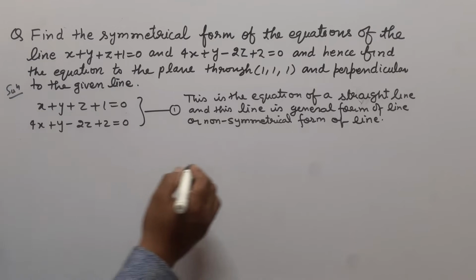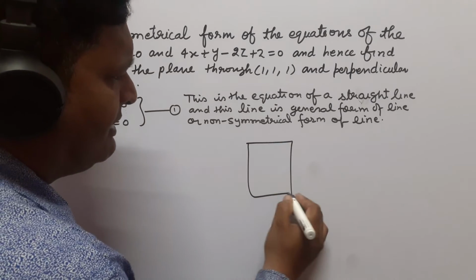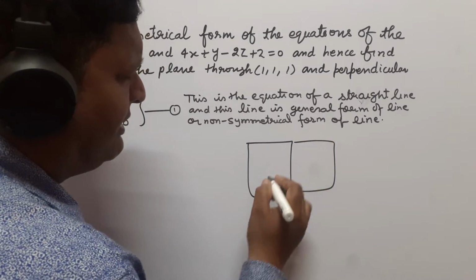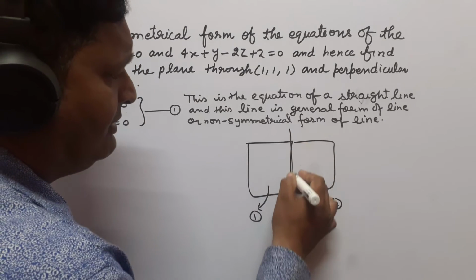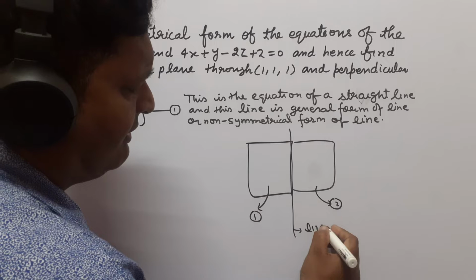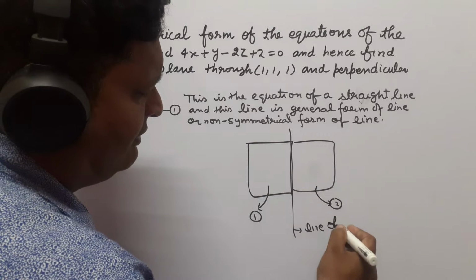So first we suppose that this is the first plane and this is the second plane, and this is the line of intersection.